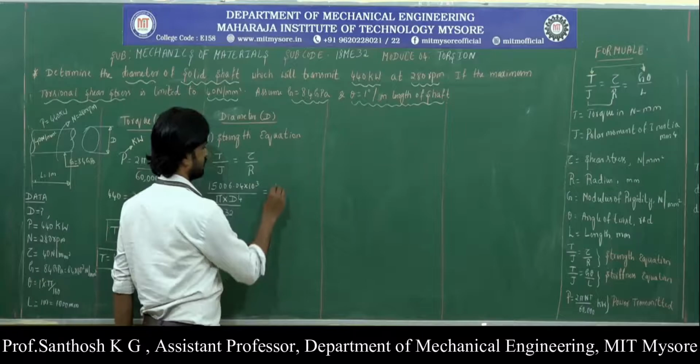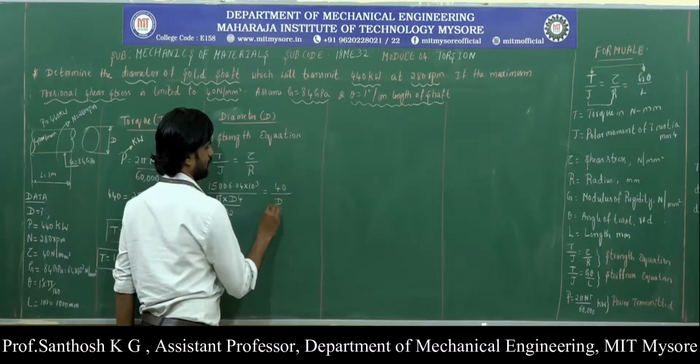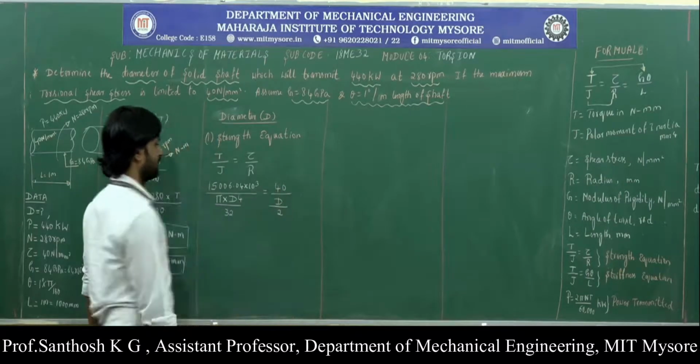Tau represents the shear stress, it is 40, and the value of R again it is d by 2.